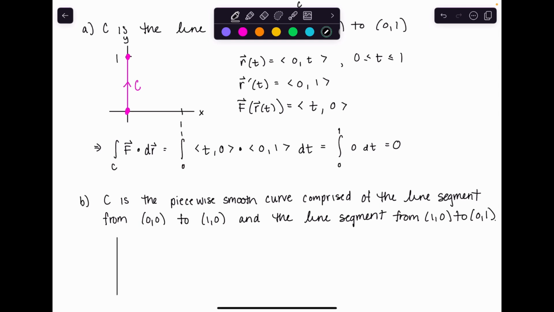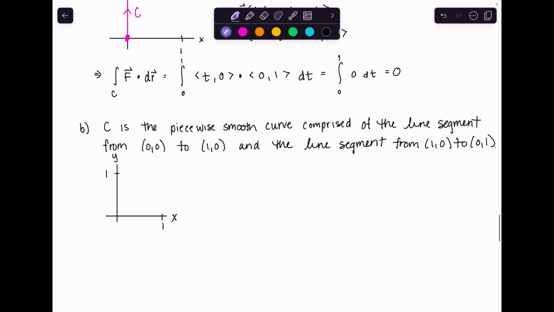Giving that picture, we're starting out at 0, 0 and then going to 1, 0. I'm going to call this curve C1. And then going from there up to 0, 1, this is C2.